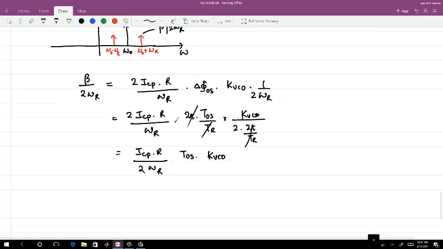Okay. Now this is the magnitude which you will have. Now we need to see how the PLL loop bandwidth and other things play a role here.